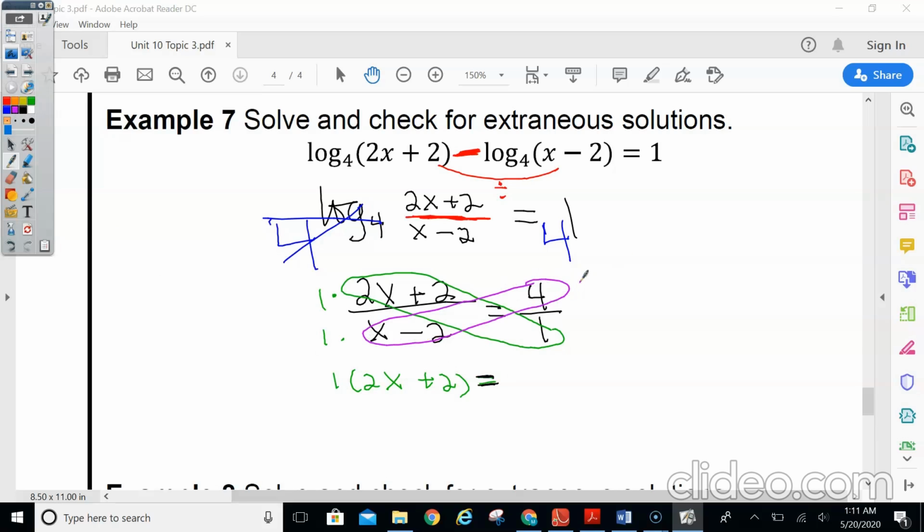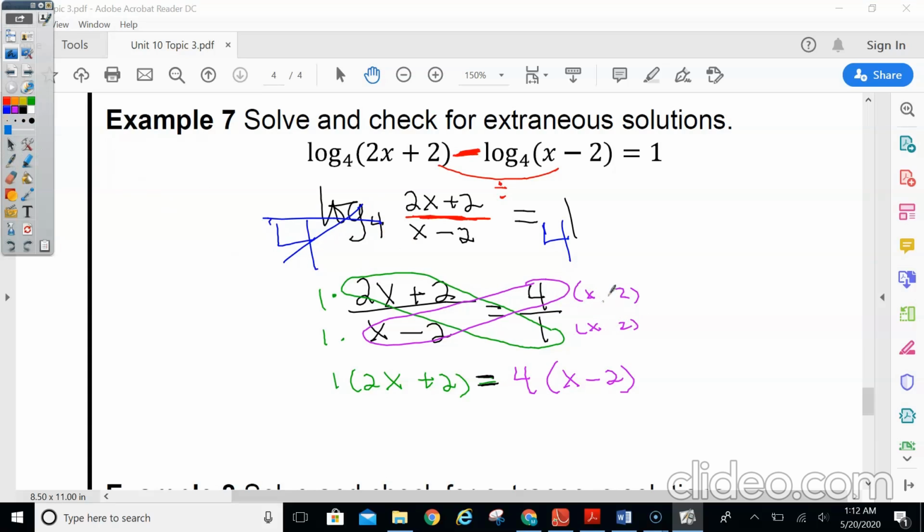So it's like I'm multiplying x minus 2 by the top and the bottom. Okay, so I'm going to get 4 times x minus 2. I don't know why I put plus 2's there. Those should both be minus signs.